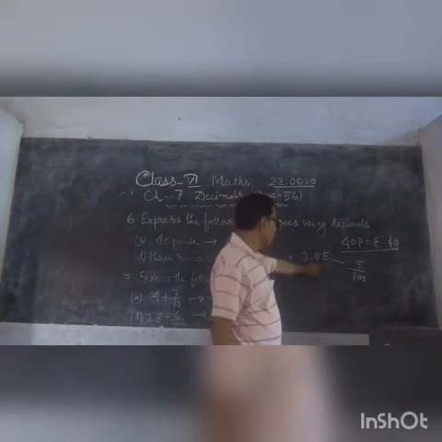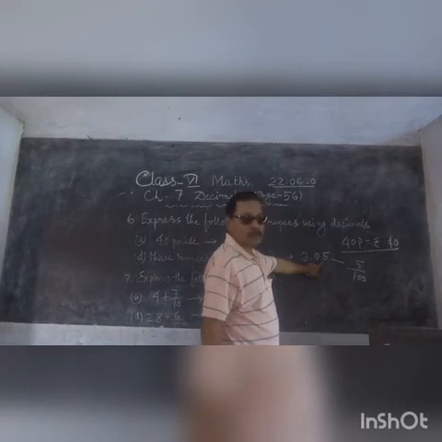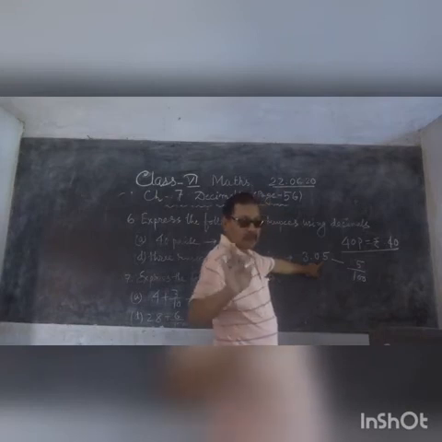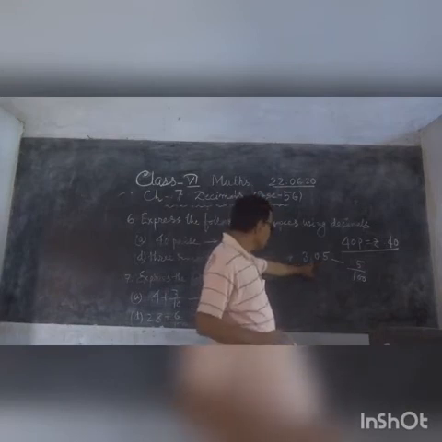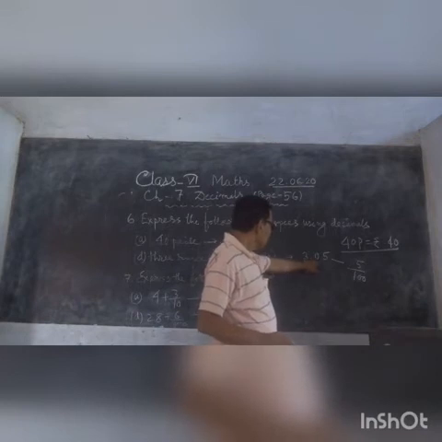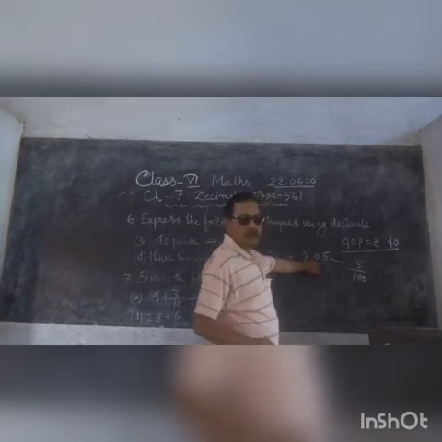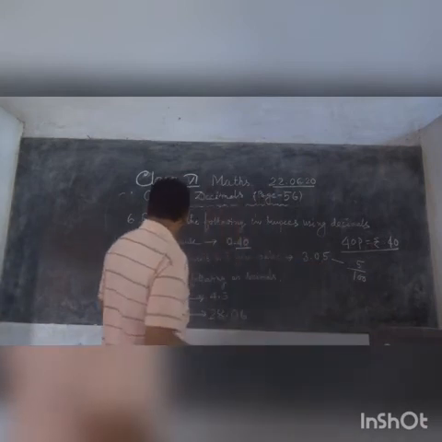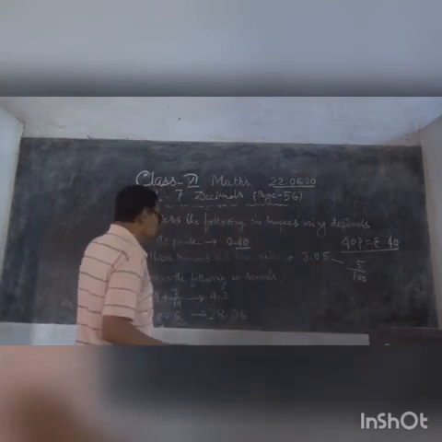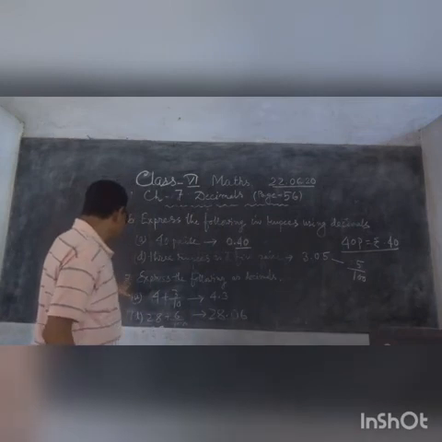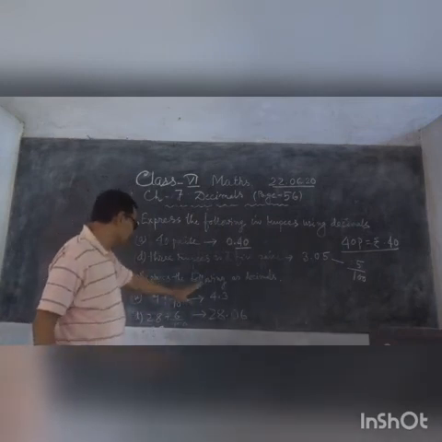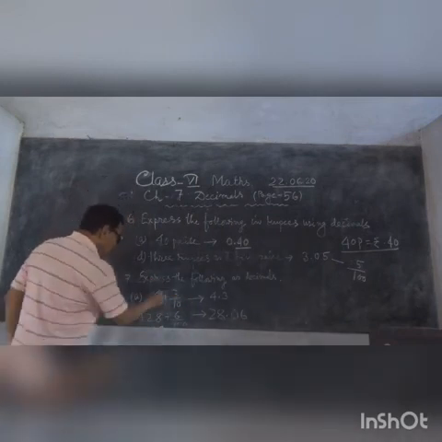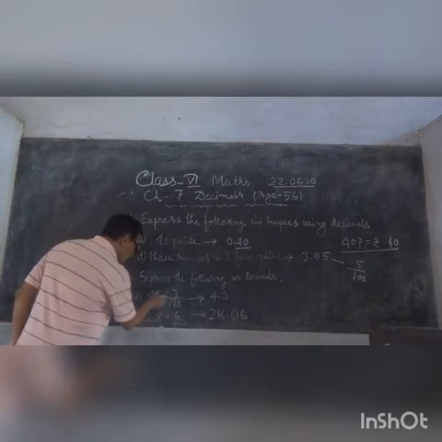And when we write in paisa, only 5 paisa. And when you put the decimal, 0.05, then it will be converted into rupee. A, B and C, do yourself. And then 7. Express the following as decimals. 4 plus 3 by 10.